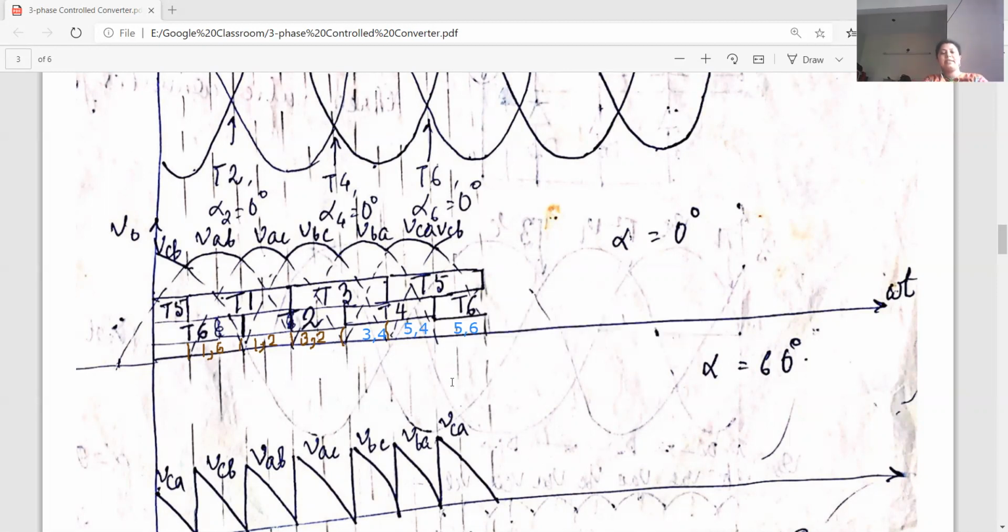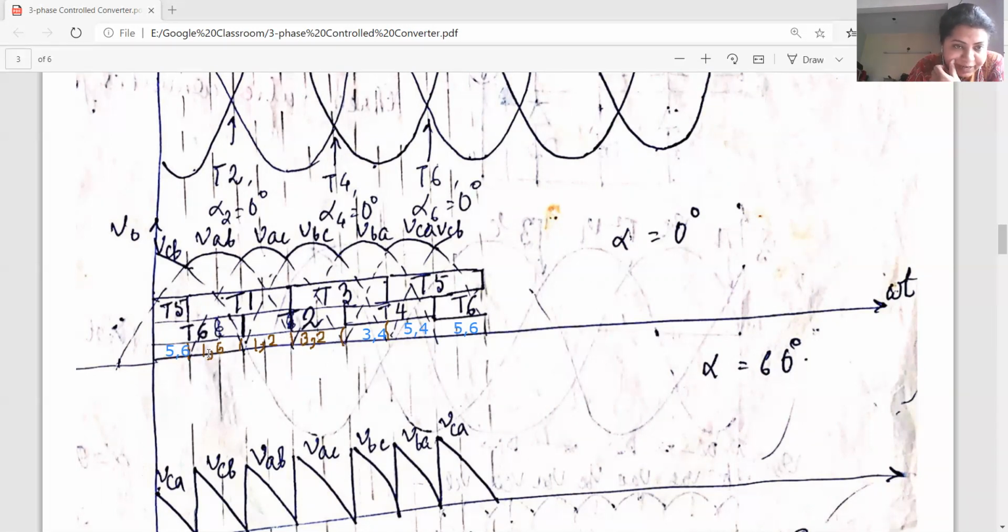So we can clearly see that for intervals of 60 degrees: 5, 6, 1, 6, 1, 2, 3, 2, 3, 4, 5, 4, 5, 6.